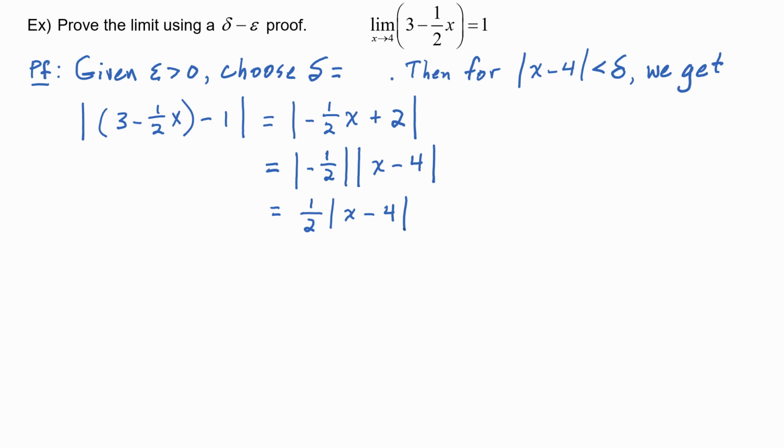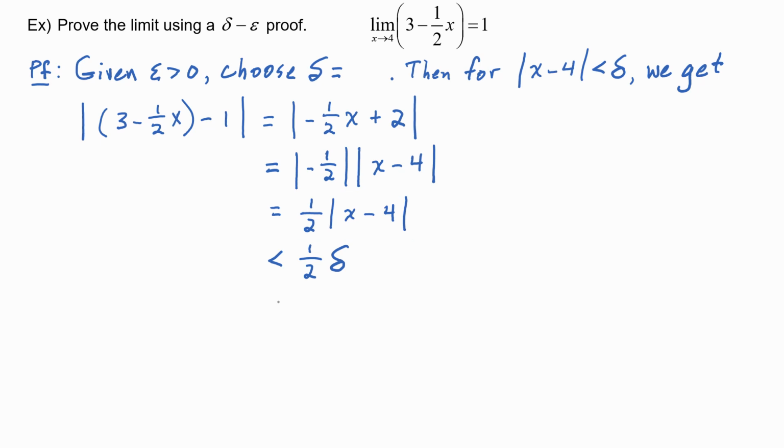And now here's the mathemagic again. We got the factor of absolute value of x minus 4, which it will always work out, we get that, and we see that that is less than delta. So then that means this quantity will be less than 1/2 times delta.